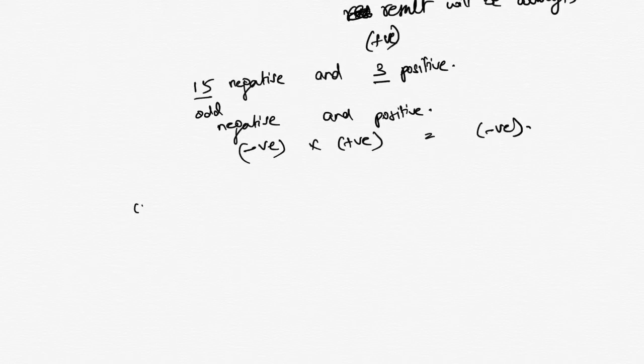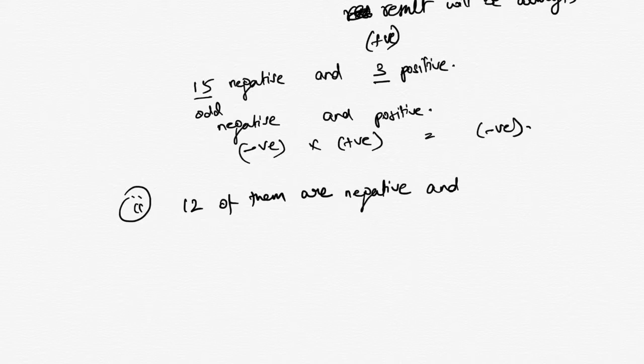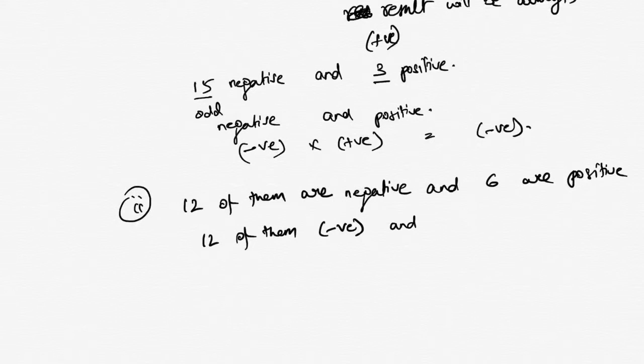Now let's see the second one. 12 of them are negative and 6 are positive. 12 of them are negative integers and 6 are positive integers.